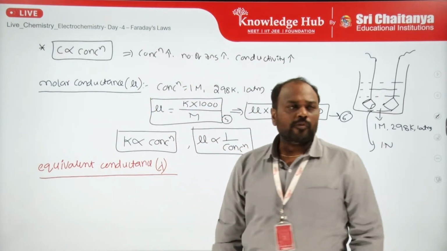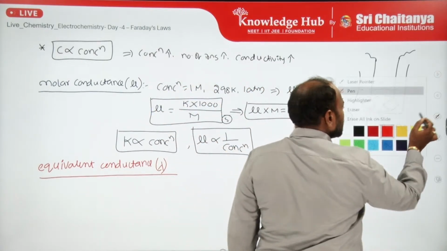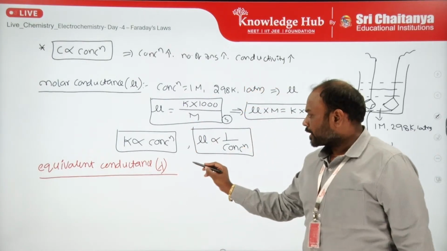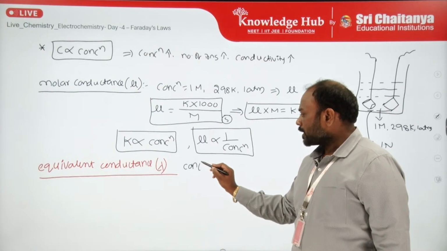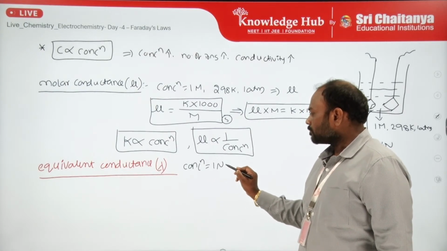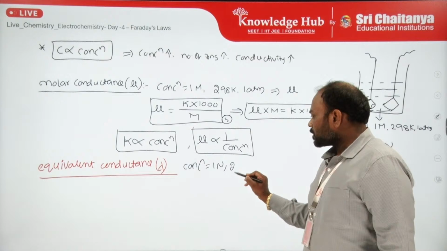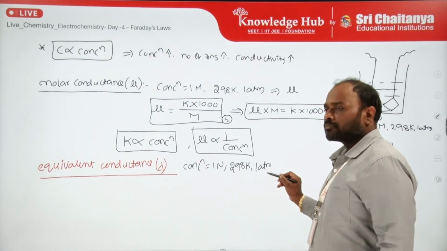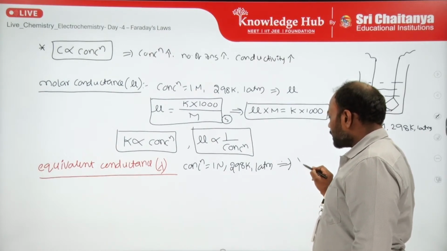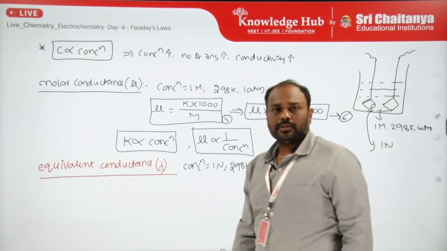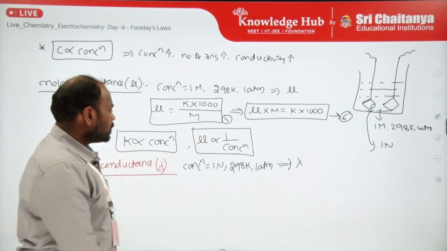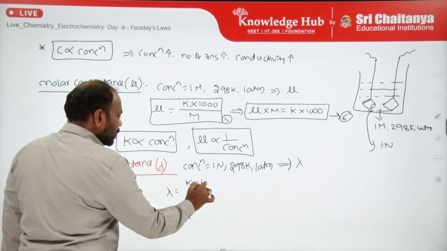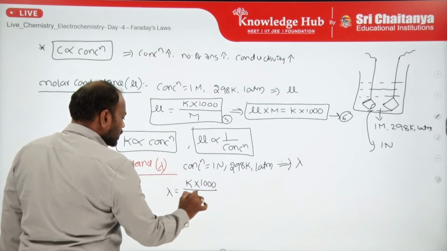What is the equivalent conductance? Instead of 1 molar, the concentration is taken as 1 normal, the temperature is 298 kelvins, same atmospheric pressure. Then that conductance is known as the equivalent conductance. So lambda value is equals to K into 1000 by normality.